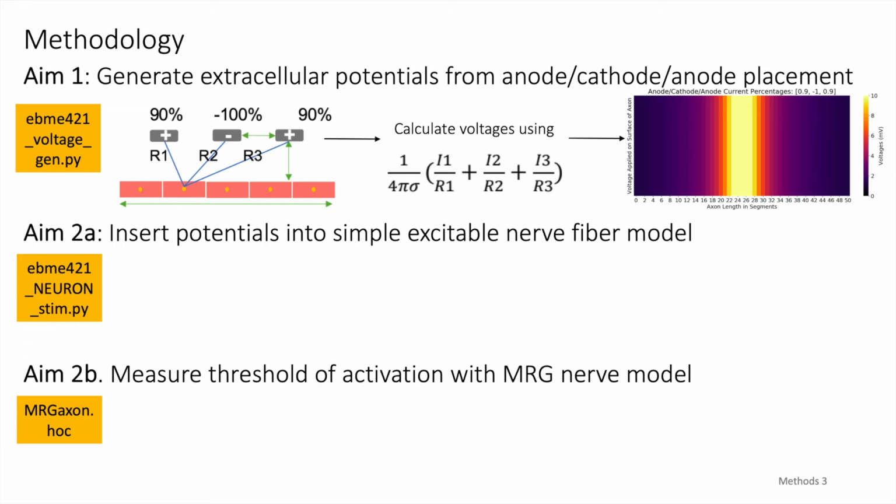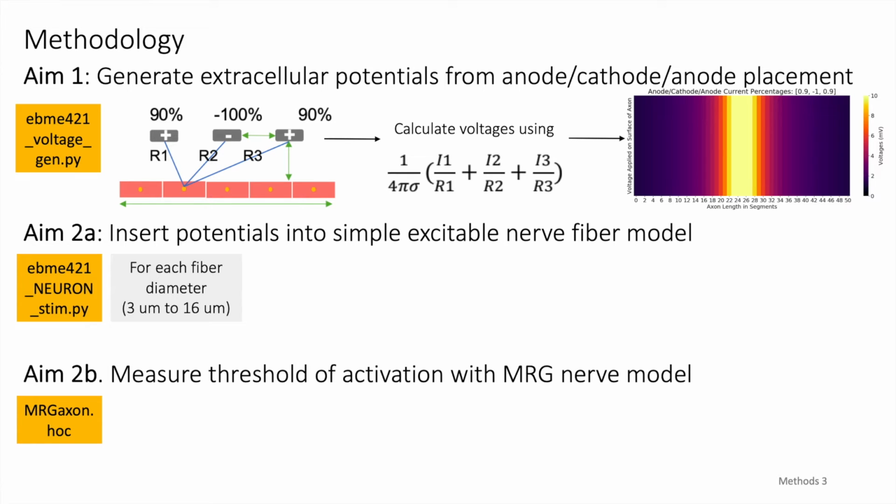To pursue this, we first created a function that would allow us to generate a simple fiber. This simple fiber was not necessarily biologically equivalent, as it was a single long homogeneous fiber with no myelination, no changes in diameter, very basic electrical principles that were injected using the insert Hodgkin-Huxley and insert extracellular commands from the Neuron software.